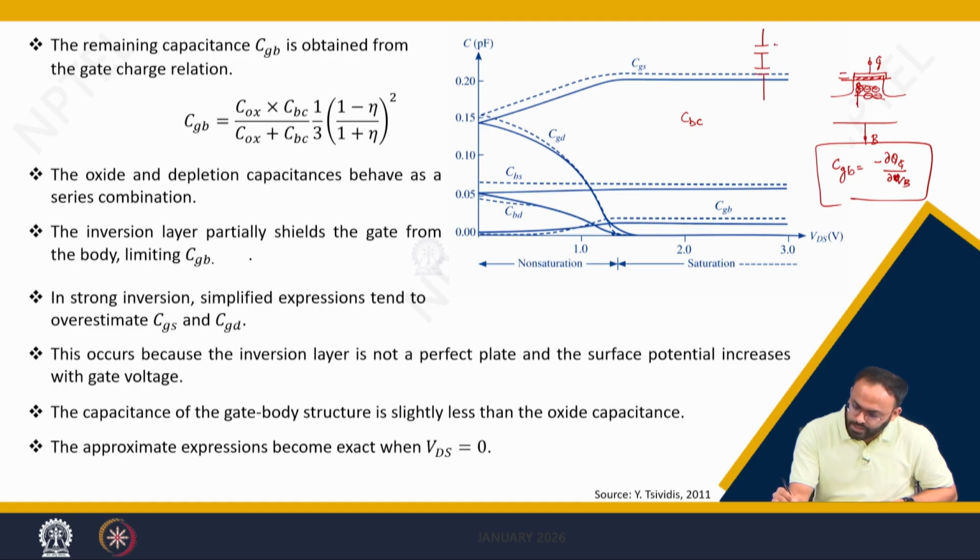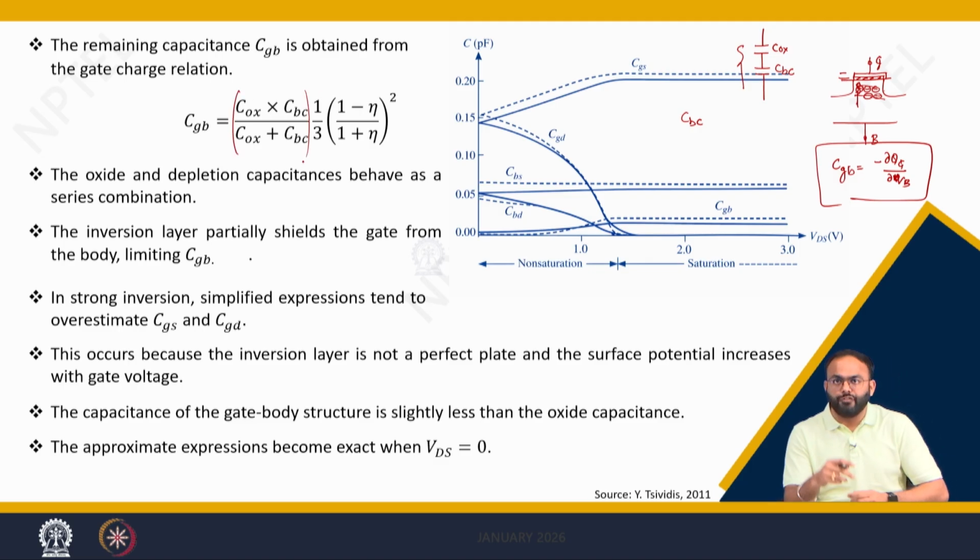So if I say this is COX, this is CBC, then these two capacitances are in series. That is why we get an expression like this in our CGB equation. So if you measure the overall capacitance between gate and body, the two capacitances come in series, right?